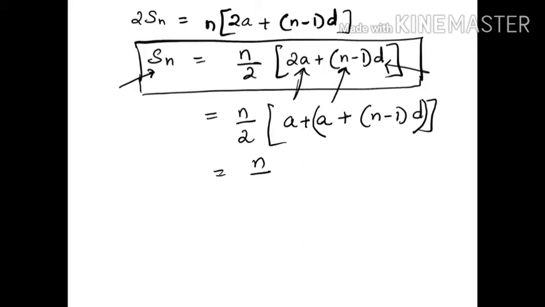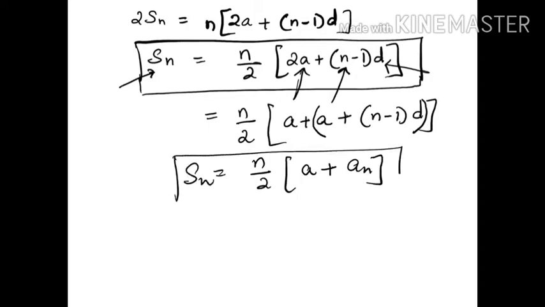It is the nth term of an AP. So writing this expression as n upon 2 times A plus an. So we have another formula for the sum of AP where there are 4 variables, the sum of n terms, number of terms in the AP, first term and the nth term.